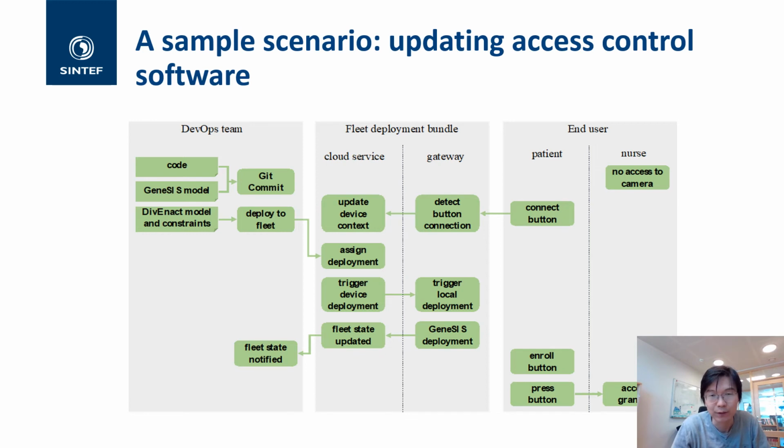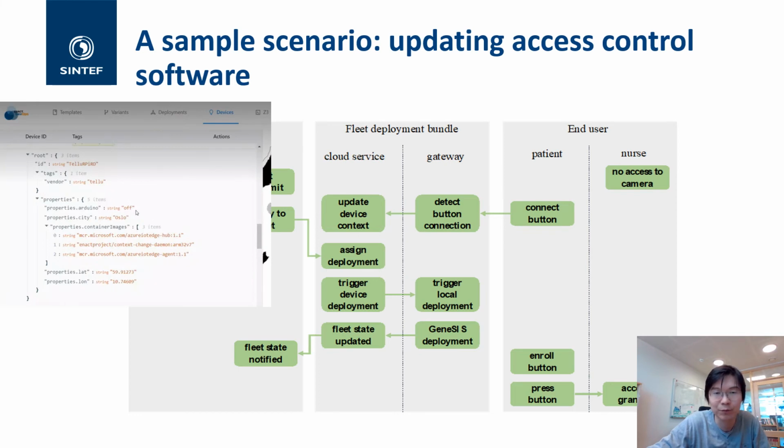To do this, we need to update the software, so the developer can start developing the function and together with it provide some deployment notions: which device can host the new version of software, which can't. This obviously depends on whether the device has a button attached to it or not.